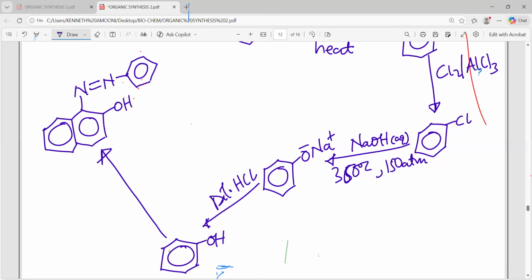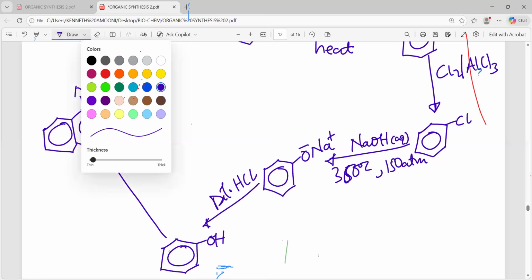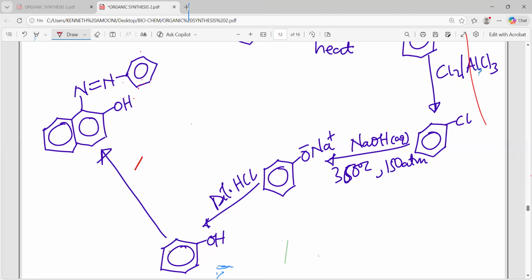But how are you forming it? You're now going to add a benzene diazonium salt in an alkaline condition.